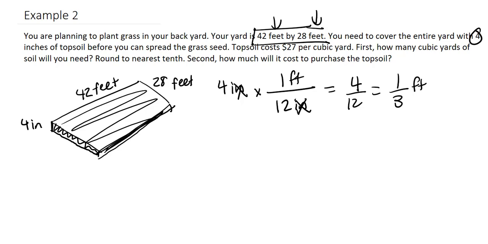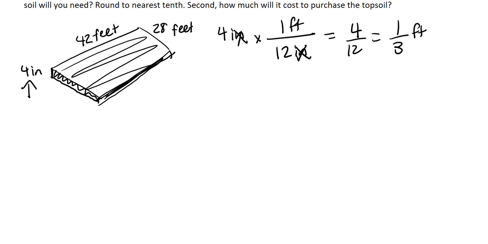So first we needed to make this into feet. Now we can go ahead and find the volume, right? So just finding the volume is the length times the width times the height. So we have 42 times 28 times 1/3.